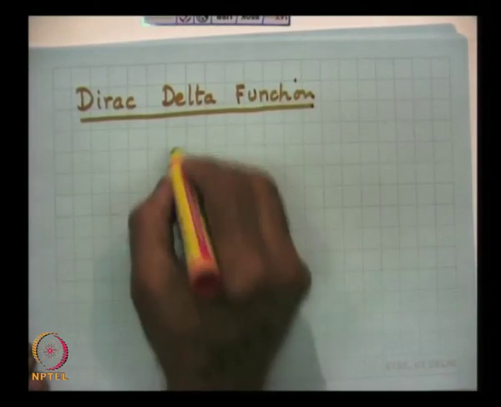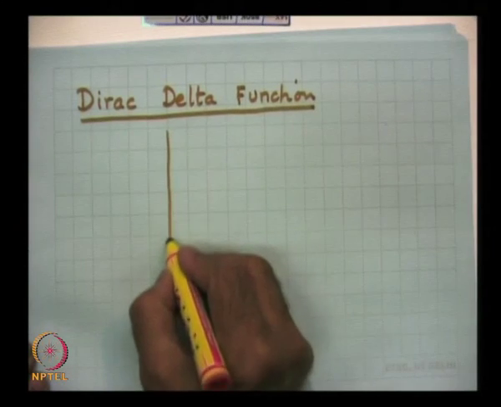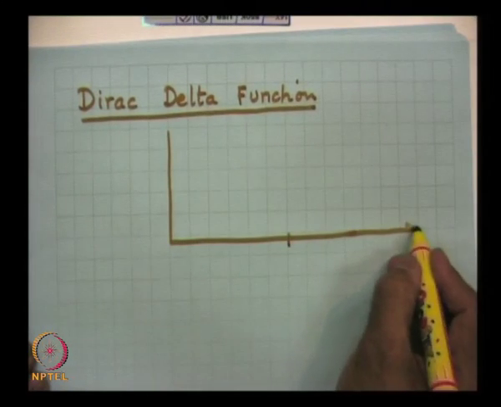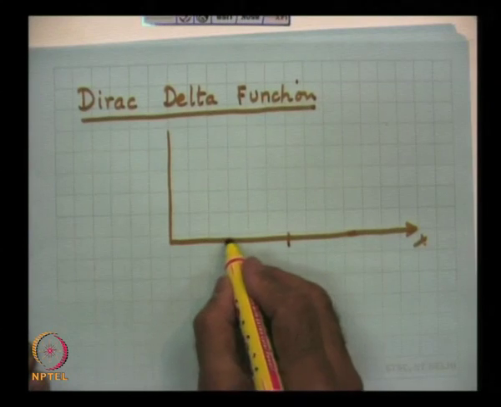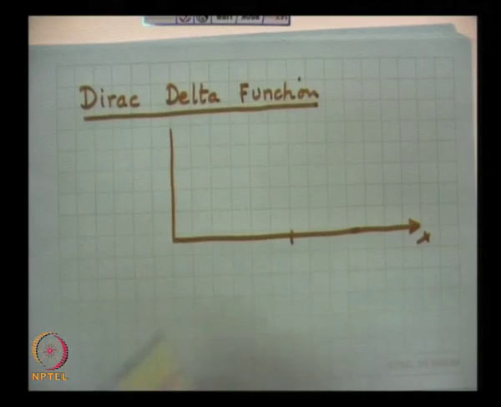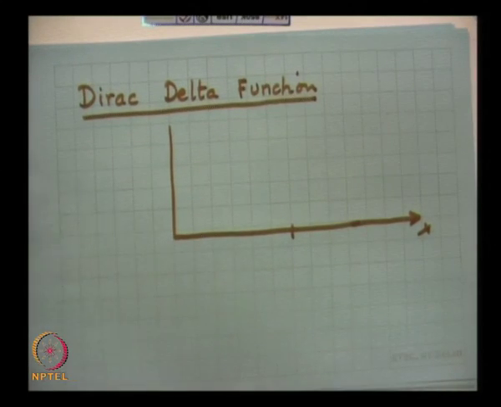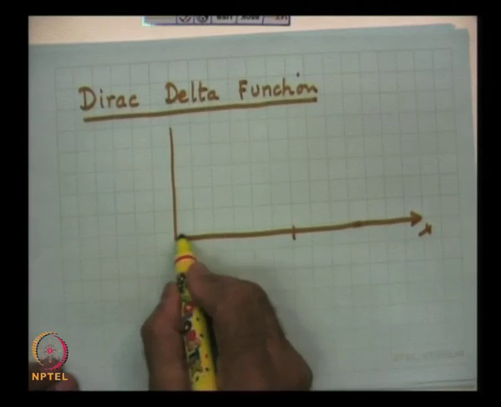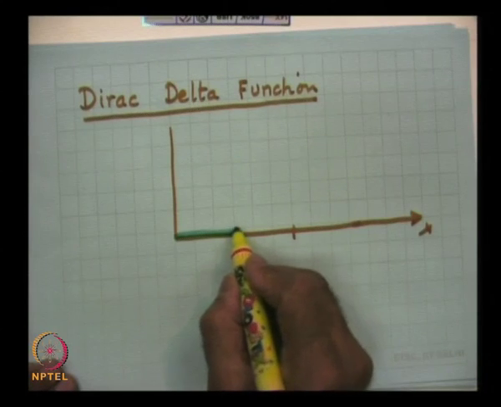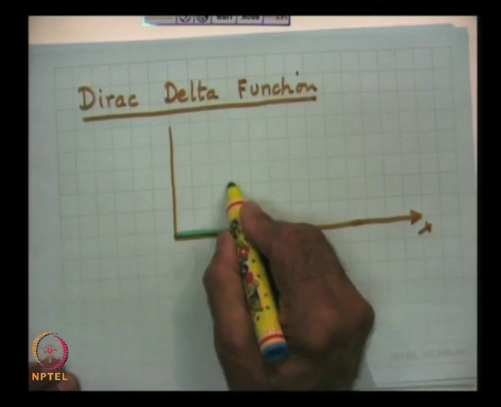Let me consider a point A on the x axis, this is the x axis, and I consider a rectangle, I consider a function, please see this, which is 0 for like this, and then it becomes a rectangle function.